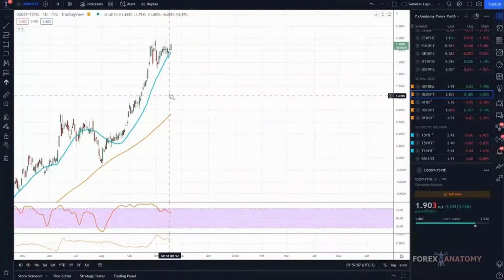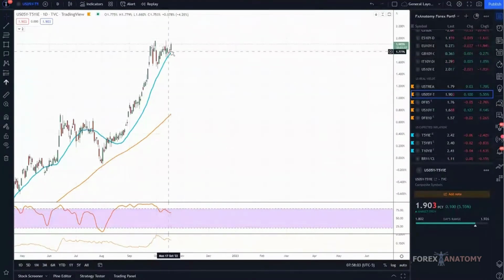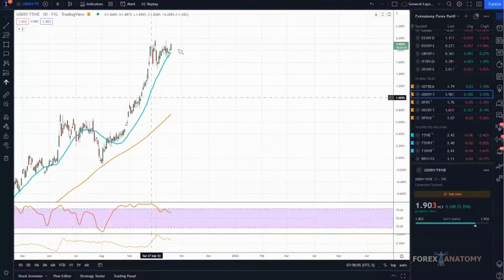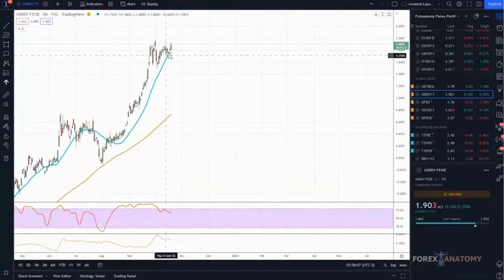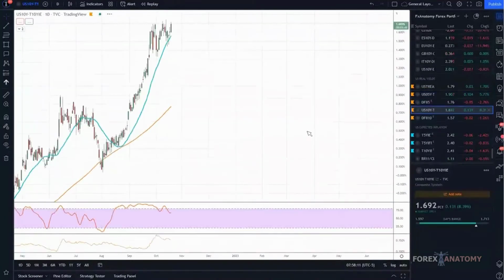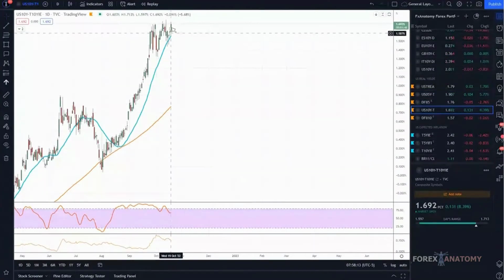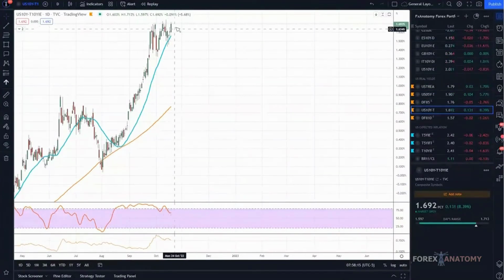So you can see here how real yields have been going up, propping up to the upside. If we go to the US 10-year equivalent, we can see that real yields are moving to the upside.